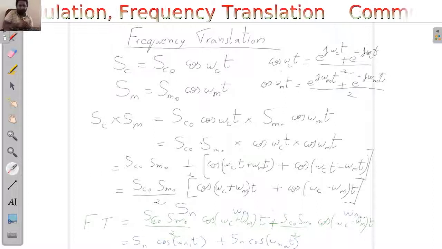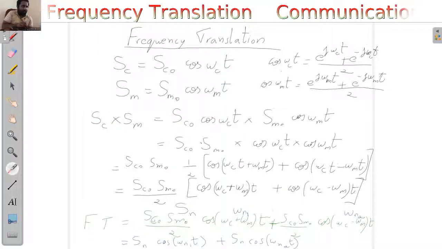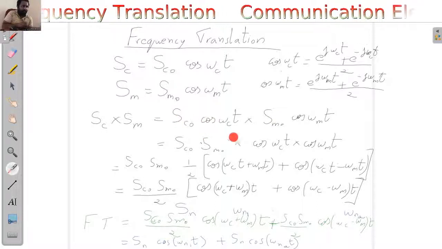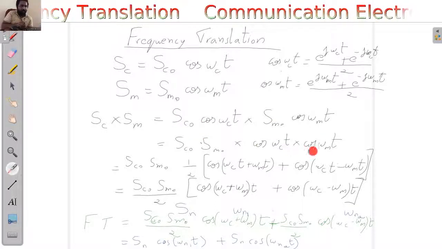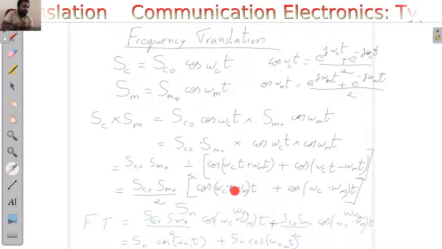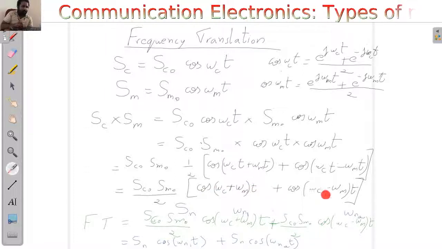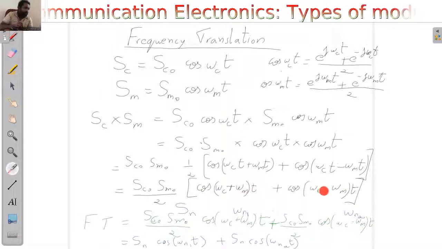And we are going to multiply these two signals. So I am multiplying these two signals, and in this step I will be taking the amplitudes to one side, and conveniently the cosines are multiplied using the formula, and you get two terms. One is a sum term, and the other one is a difference term for frequencies.